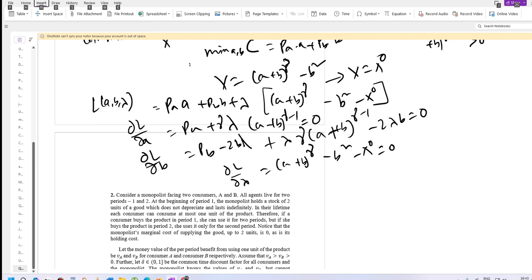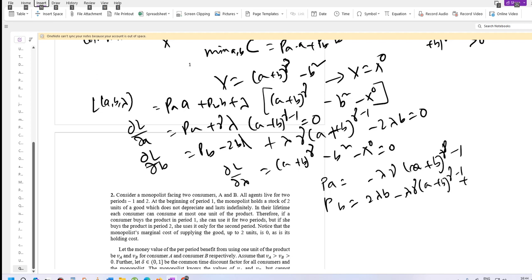So from the first order condition we get pa, and then pb, and given the output target constant we have this.